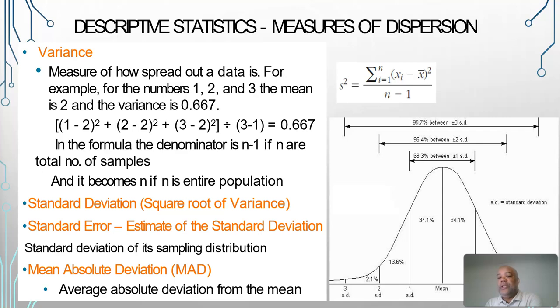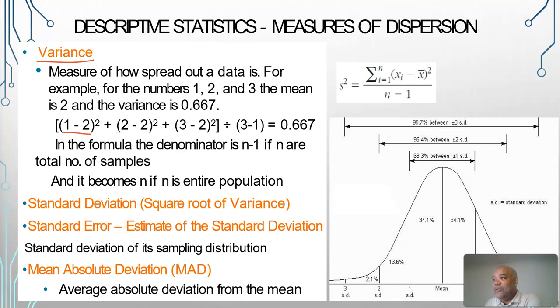Measures of dispersion help us understand how spread out the data is, complementing measures of central tendency by showing variability. Variance is the first one we'll look at. Variance quantifies this spread by measuring the average squared difference between each data point and the mean.